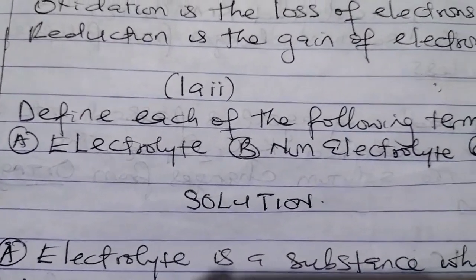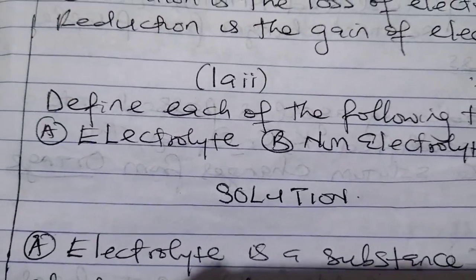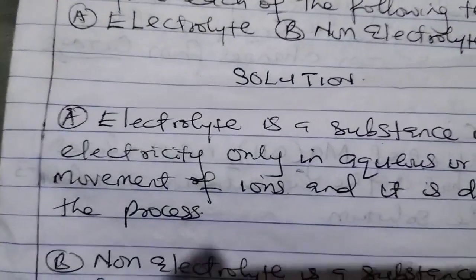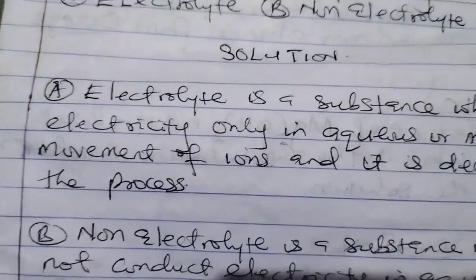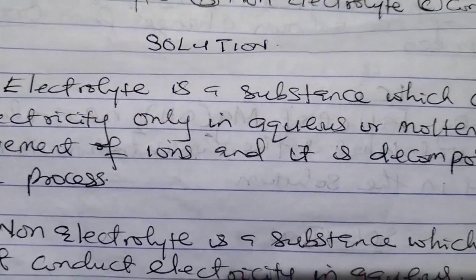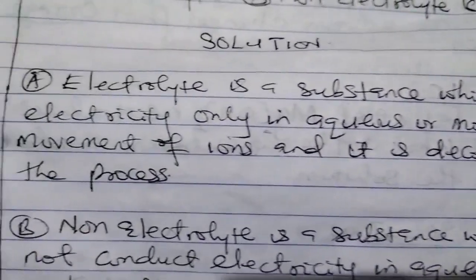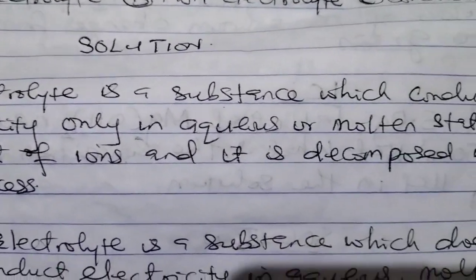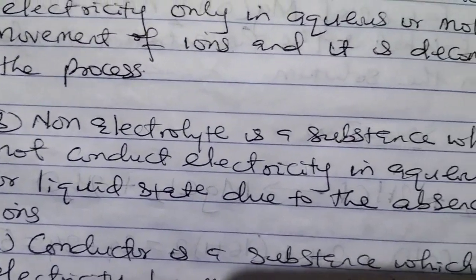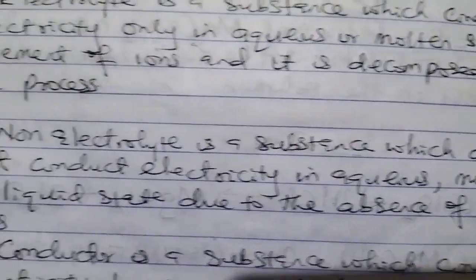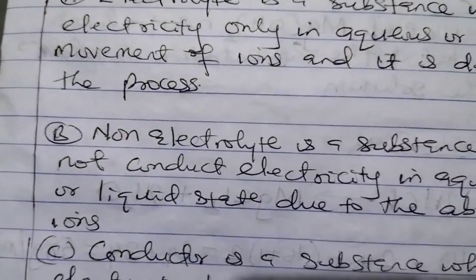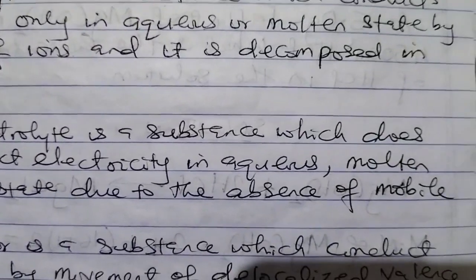1B. Define each of the following terms. A. Electrolyte. B. Non-electrolyte. C. Conductor. Solution: electrolyte is a substance which conducts electricity only in aqueous or molten state by movement of ions, and it is decomposed in the process. B. Non-electrolyte is a substance which does not conduct electricity in aqueous, molten, or liquid state due to the absence of mobile ions.